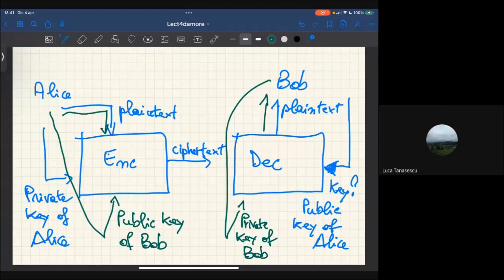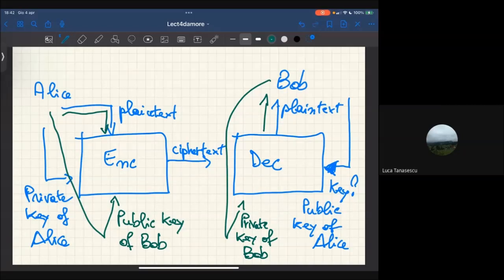So you understand that in this case, we get another result, because the ciphertext is implementing confidentiality, because only Bob can decrypt. Okay? So if we encrypt by a private key, we don't get confidentiality. If we encrypt by the public key of Bob, we get confidentiality, because only Bob can do the decryption.